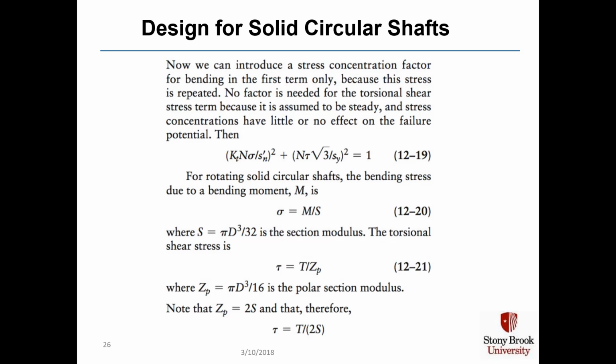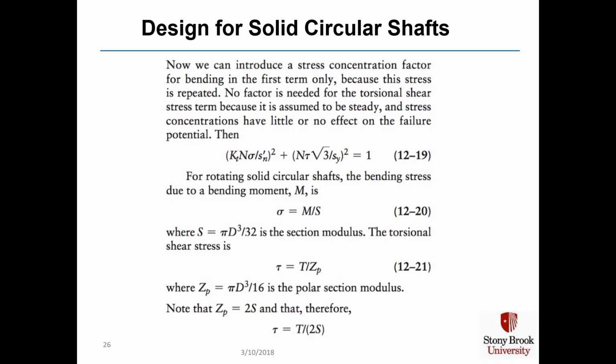And now we're going to show one derivation of how to figure out what diameter you need to satisfy equation 12-19. The simplest case for solving diameters is a solid circular shaft. So 12-20 is a familiar equation from solid mechanics, where the stress due to bending is just the bending moment over the section modulus, S equals pi d cubed over 32.